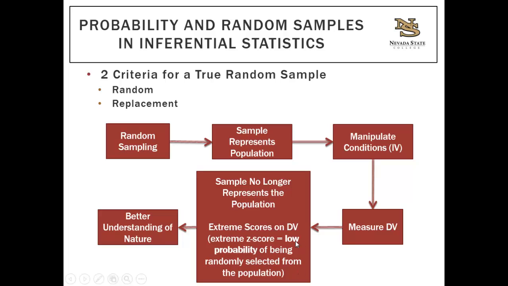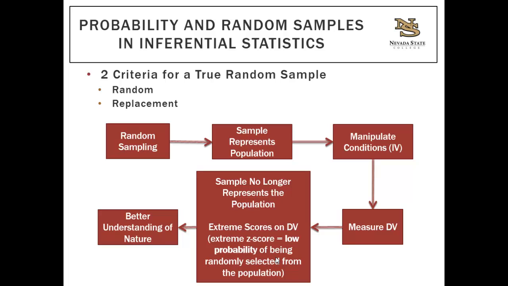Then that means that that score has a low probability of randomly being selected from the population. Or in other words, it's a low probability that that person still looks the same as they did before they got the drug, or that you would see this effect if the drug actually wasn't working. So that's getting to more hypothesis testing that's to come, not today.